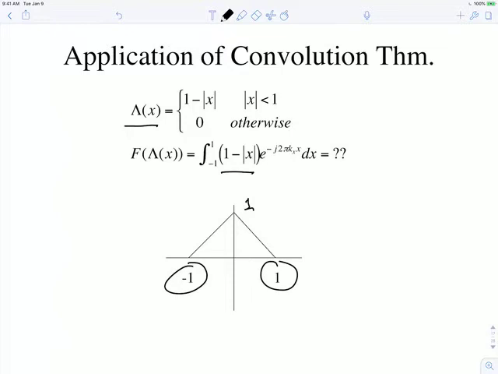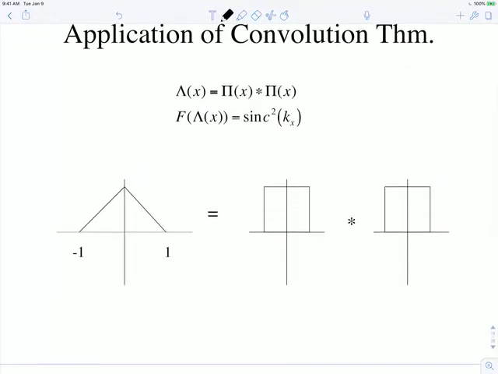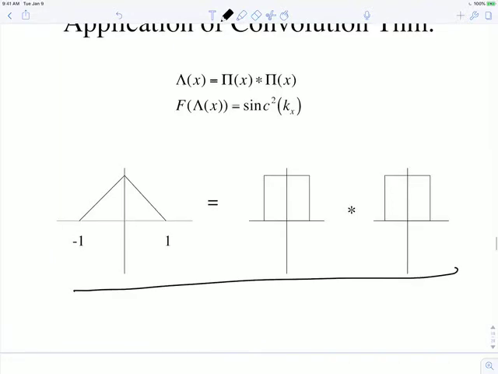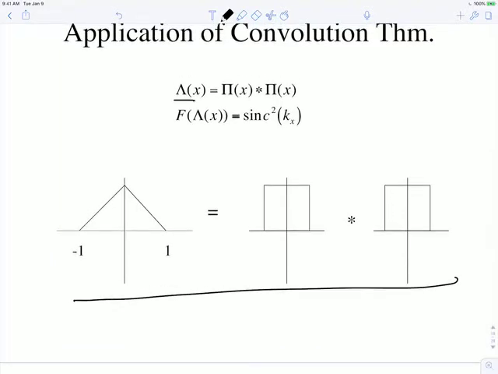But if you take this course, you'd say, well, obviously this is just equal to the convolution of two rect functions. And therefore I can write down the answer in like 10 seconds, which is preferable to like 10 minutes, right? So it turns out that the triangle function is equal to a rect function convolved with another rect function. You saw some of that last time.